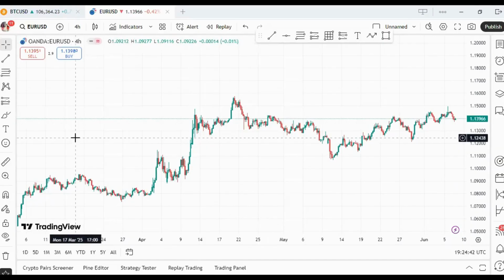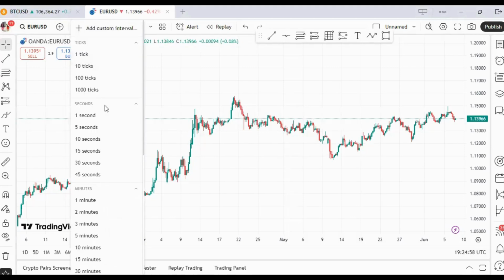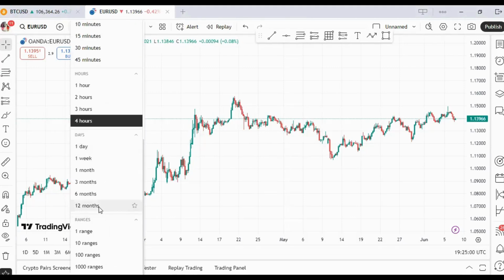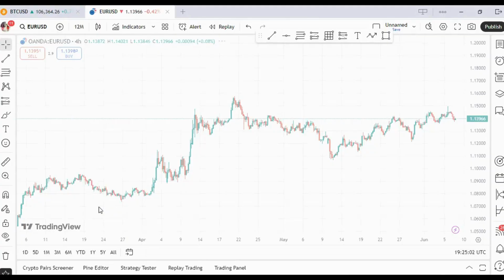No, let's start from swing trader, then we move down to scalper. For swing traders, we start with the yearly. My volume is high and I still can't hear you. Your voice is faint. So let's go back to the 12 months candle. The 12 months is yearly.